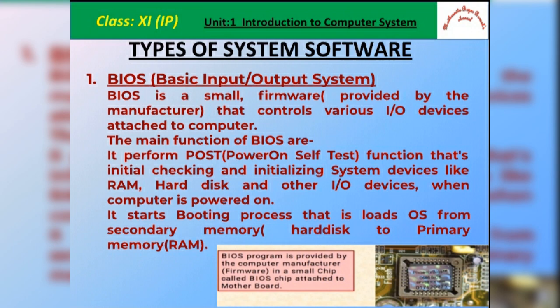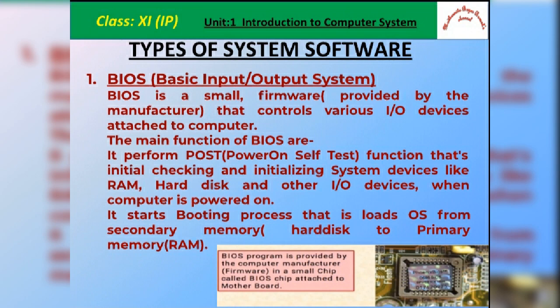As soon as we switch on the power for our computer, this process starts to load the operating system. When we start our computer, the BIOS checks all the hardware devices and starts the process of booting, meaning the loading of the operating system from secondary memory to primary memory.